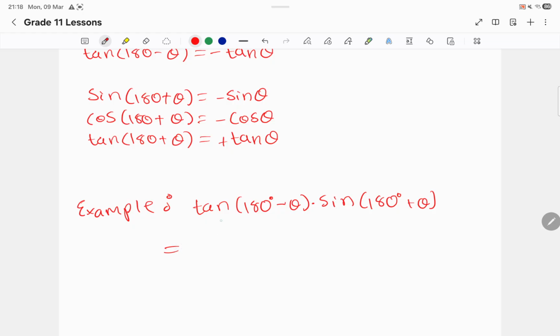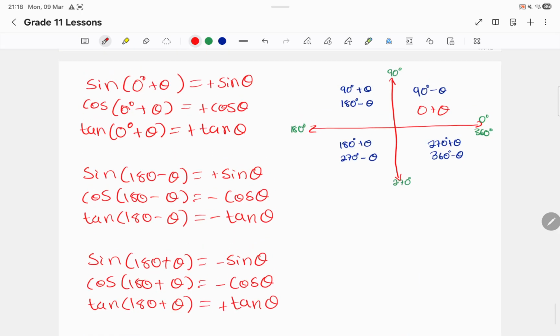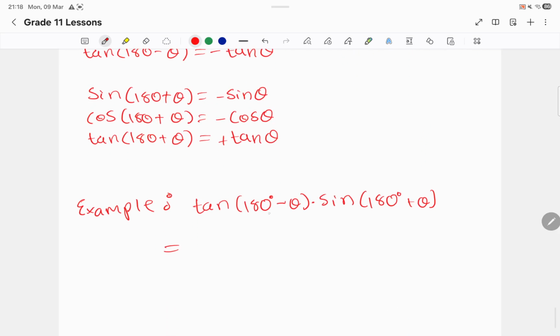So in our second step we are going to apply the diagram we have seen here. 180 minus is in the second quadrant, and in the second quadrant tan is negative, so this is going to be negative tan theta times sine of 180 plus, which is in the third quadrant. In the third quadrant again sine is negative, so this would be negative sine theta, right?